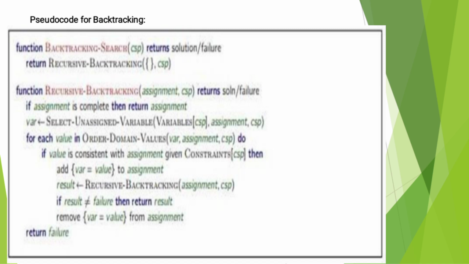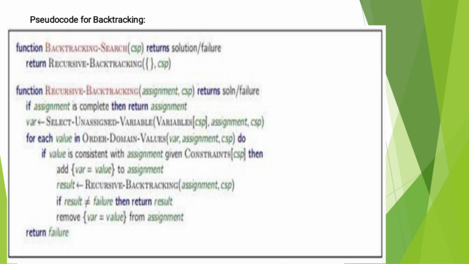The variable is select unassigned variable, which is one part of the CSP. For each value in order domain values one by one, if the value is consistent with the assignment, given the constraints, add the variable-value pair to assignment.